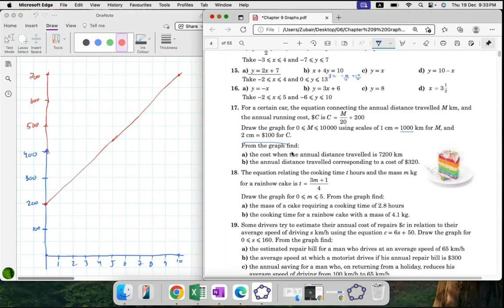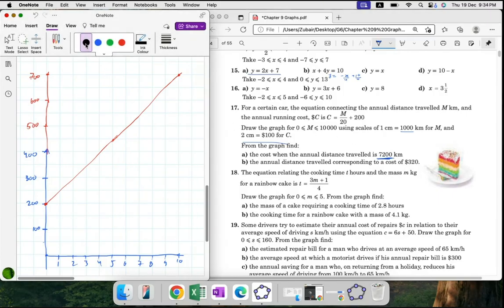Now it says from the graph, find the cost when the annual distance traveled is 7,200. The distance traveled at the bottom, 7 is 7,000, 8 is 8,000, 7,200 would be two small boxes. We would have 10 boxes in between. So we'll just go up and see where it strikes and read it from the y-axis.